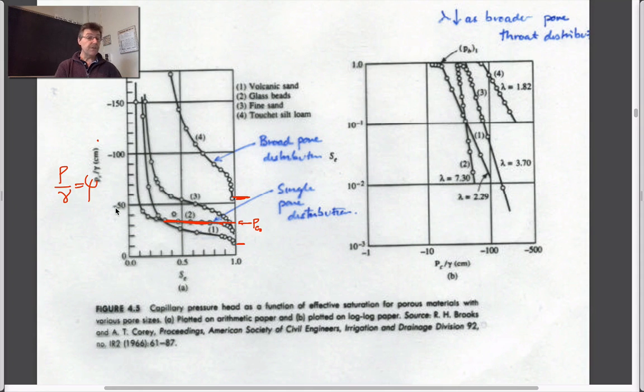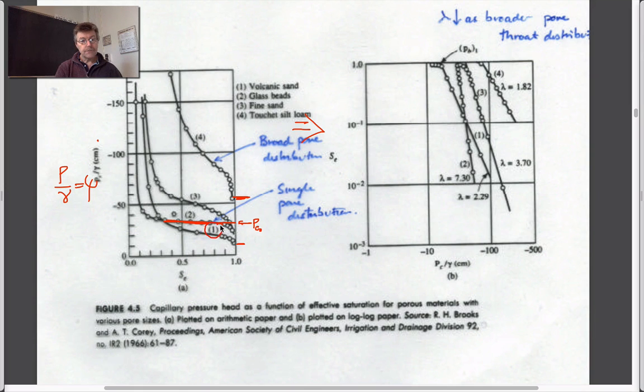We could plot these data on a log scale, both the saturation, in this case what we'll call an effective saturation, but basically the same idea, and an effective capillary pressure, a log pressure. And if we do that, we get these curves. So these curves are exactly equivalent to each other. They're exactly the same data.